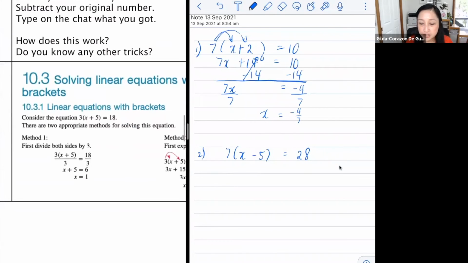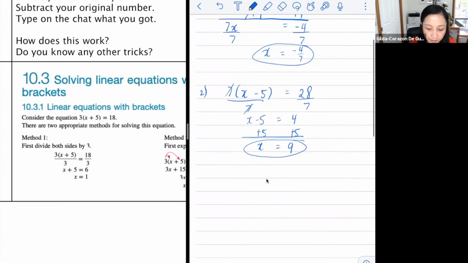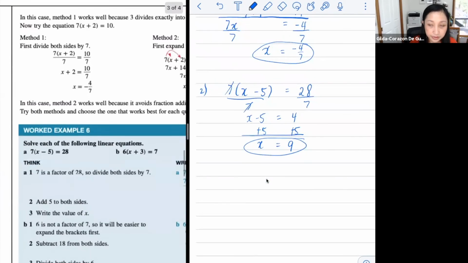So you can divide 28 by 7, so you don't have to deal with larger numbers, right? So divide it straight away. You've got x minus 5 on the left side, and 28 divided by 7 gives you 4, right? And for you to get rid of the minus 5, you do the reverse, you plus 5. And therefore you have x equal to 9. Okay, so maybe you could circle your final answer every time you solve an equation.